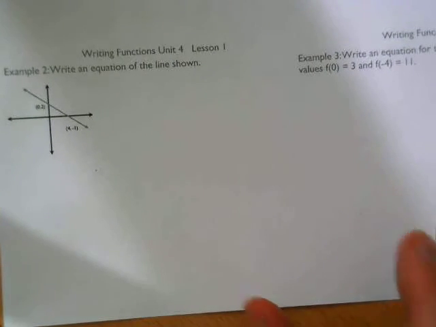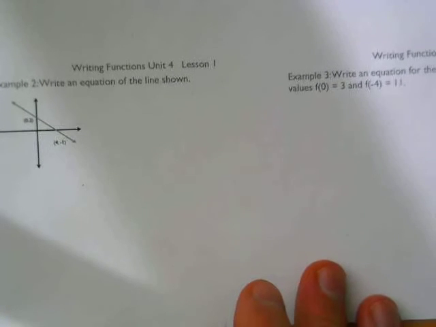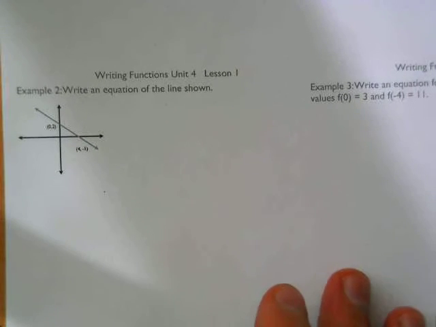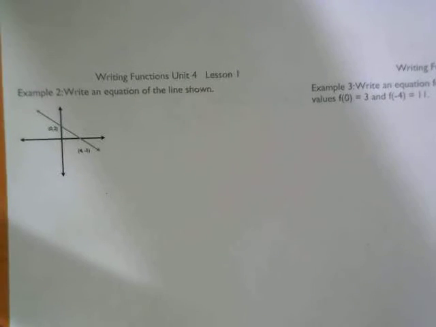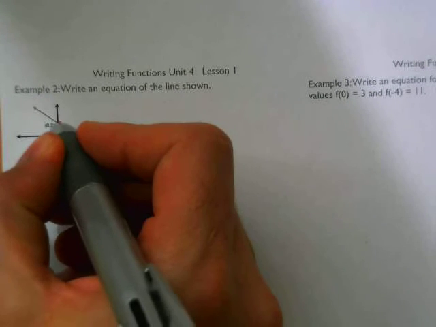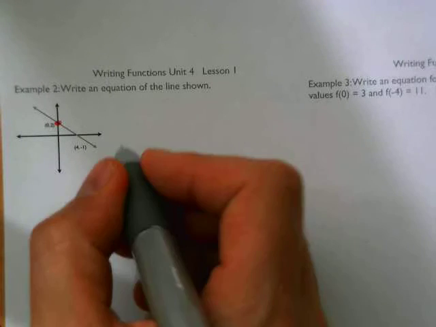Okay, moving on to a slightly more complex version of the problem. Example 2 says write an equation for the line. And so here we have to do a little more digging for where we're going to get our slope and our y-intercept. Although it is pretty easy to see here that the y-intercept is at 2.